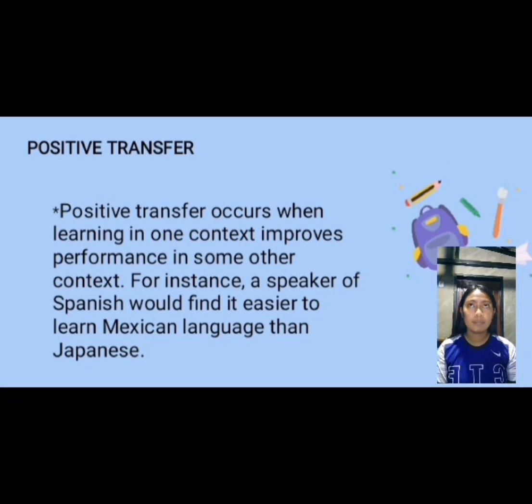Like for example, kapag natuto tayong gumamit ng bike, sa ngayon marunong tayo magbike, so posibleng pag gusto nating matuto ng mag-drive ng motor is mapapadali na lamang kasi marunong na tayo mag-balance dahil nga marunong na tayo mag-drive or mag-balance ng bike. So pag gusto mong matuto mag-drive ng motor, madali na lang kasi marami ka nang natutunan galing sa pag-drive ng bike.